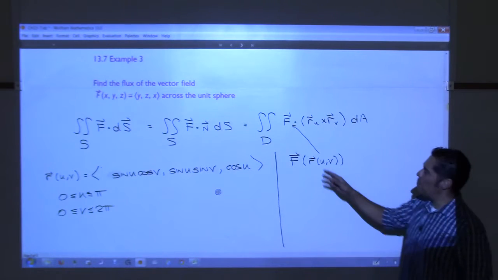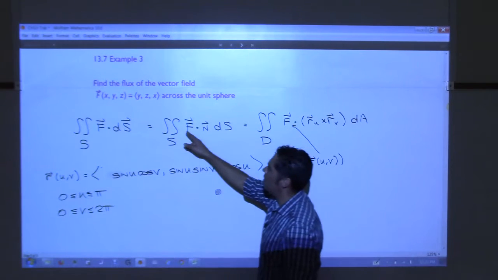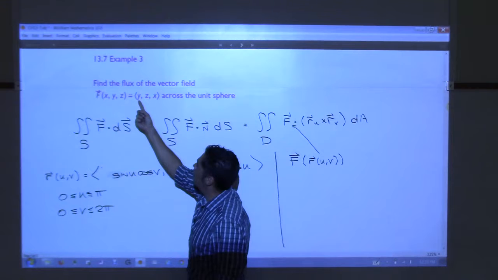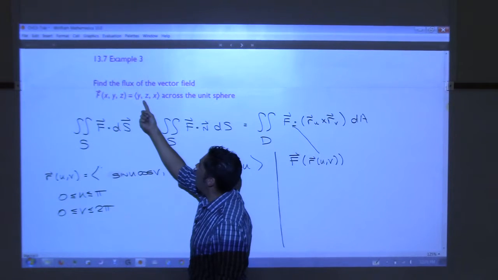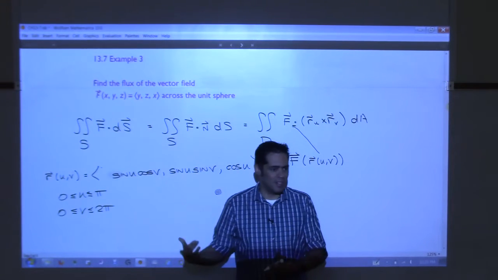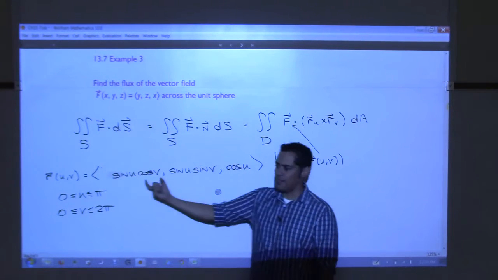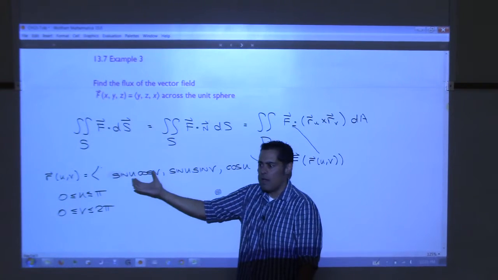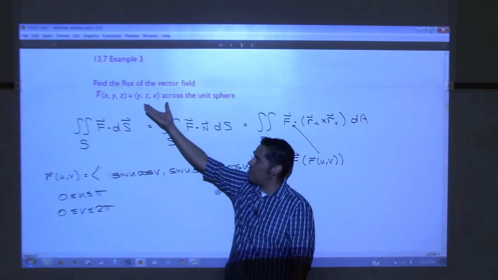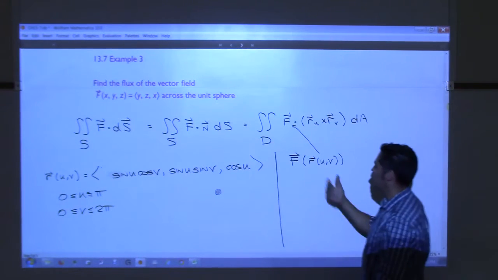So it's a little bit deceiving that F is just sitting there. You could replace it with this vector, y, z, x. But what's y, what's z, what's x? This is y, and that's z, and that's x. So you're going to wind up plugging this surface into that vector field. And that's what this means.